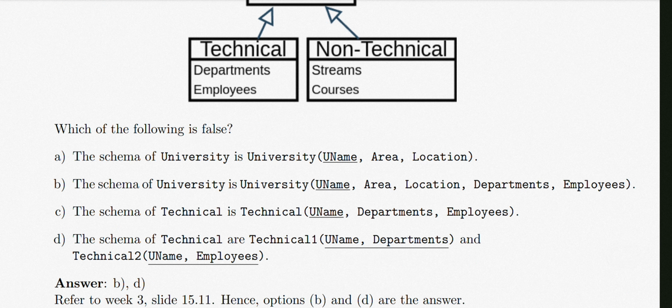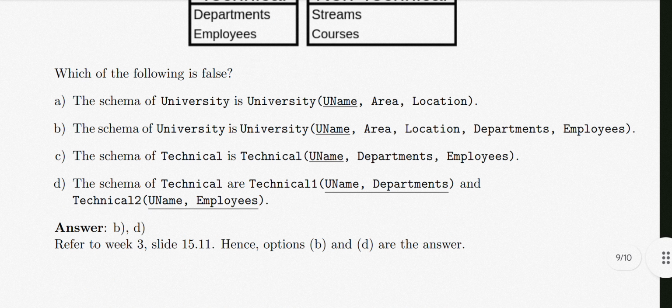So C is true, so it can't be the answer. What about option D? In net, technical is converted as technical 1 and technical 2. It can be written like that because departments and employees are not multi-valued attributes. So options B and D are the right answer.